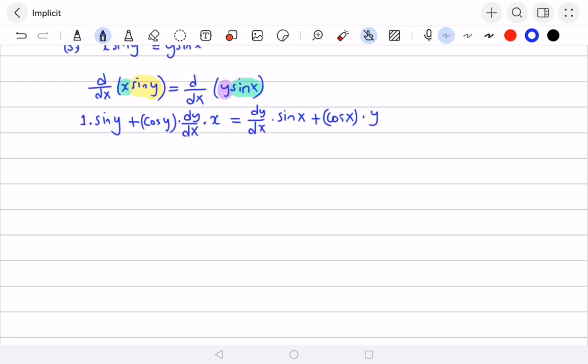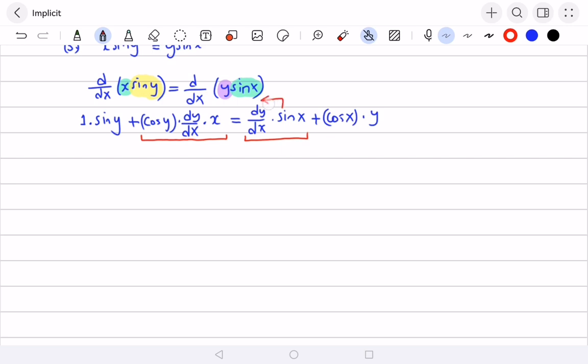Now, once we get to this stage, we look at terms which contain dy over dx. Here's the first term, it contains dy over dx. Here's the second term, it contains dy over dx, right? So in that case, what do we do? We said preferably let us take all terms containing dy over dx to the left hand side.